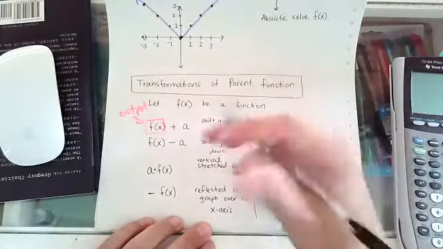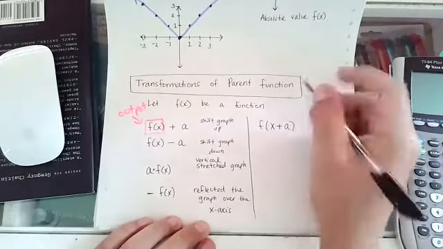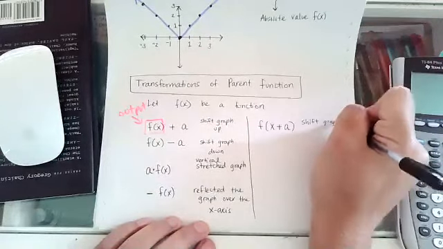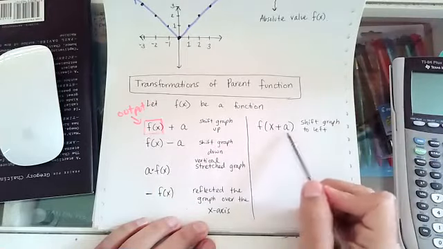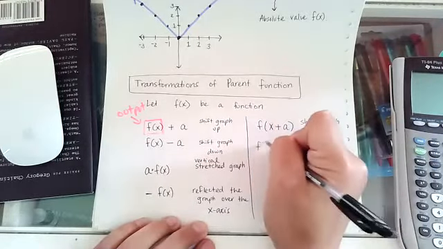We had some other transformations if we manipulated the input. So if we had f, and then the input was adding a number to it, then this ended up shifting the graph to the left, which seems a little bit counterintuitive. But if we subtract some number from the input, then we're going to shift the graph to the right.